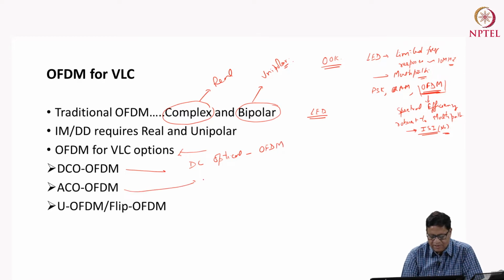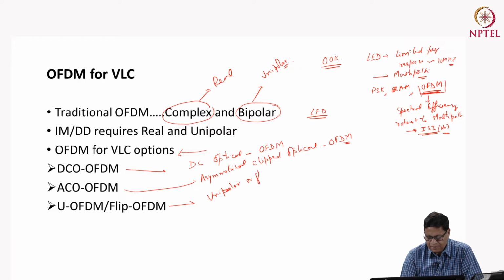The other technique is ACO-OFDM, which is asymmetrically clipped optical OFDM. We will discuss in detail these two techniques. And the third technique which is also used is unipolar OFDM or flip OFDM.